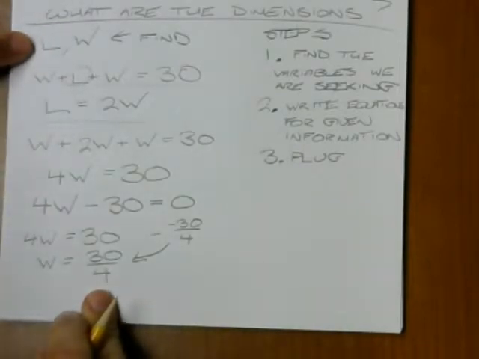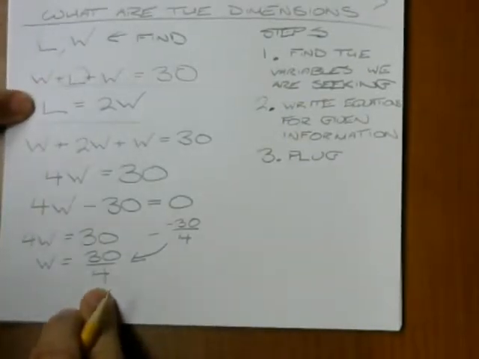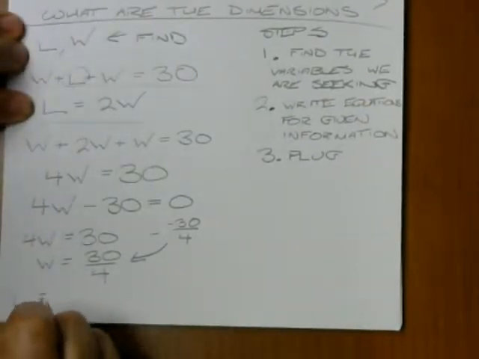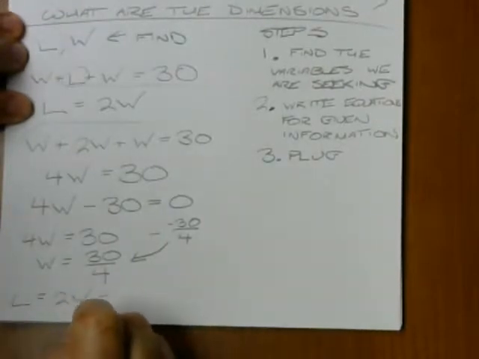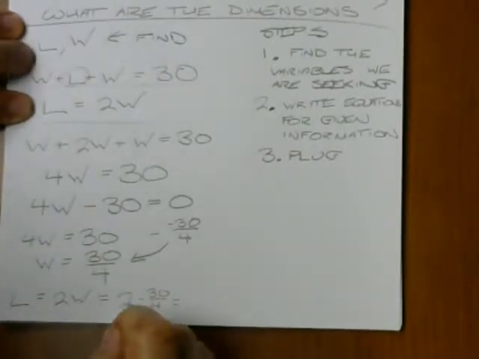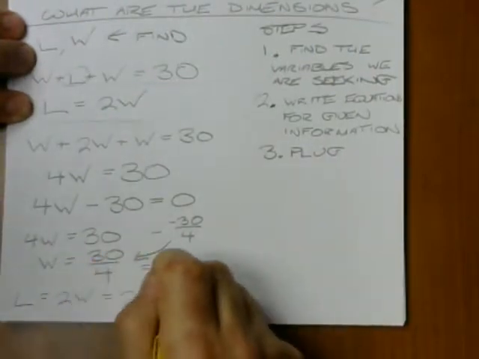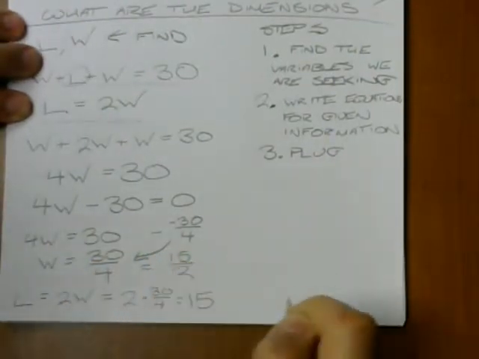We're trying to find L and W. So I know what W is. I still need to find L, but L is 2W. So I can just plug again. I can plug W, which I have here, right into that. So I get 2 times 30 over 4, which is going to be 30 over 2, which is 15. And I could even simplify W as 15 over 2.